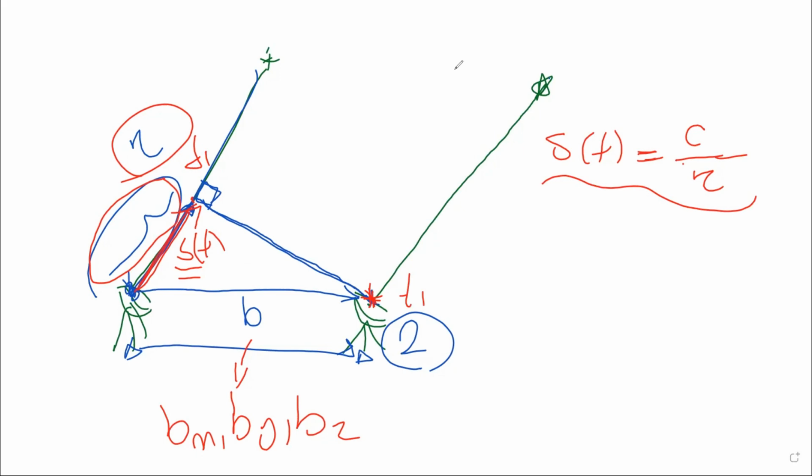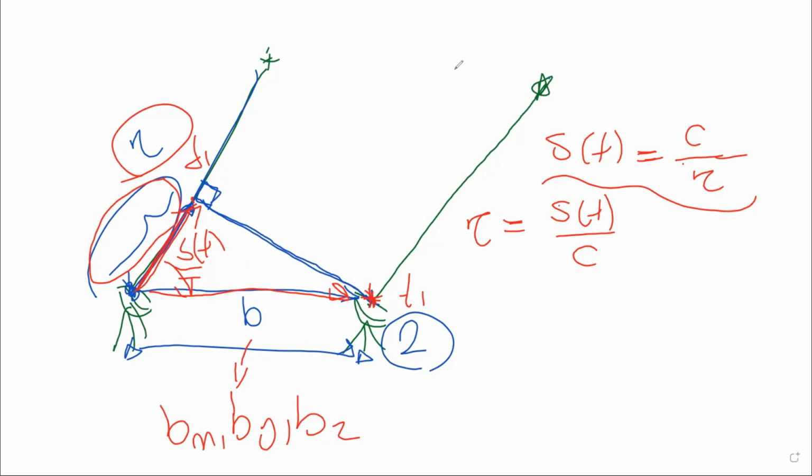So if I solve for tau from this, it will be S over C. But that's not the thing that we want. We want this baseline. If I have two vectors and I want to see the projection of one onto the other, what can I do?